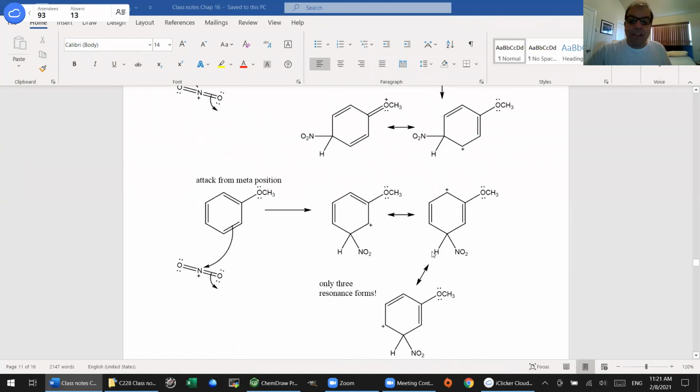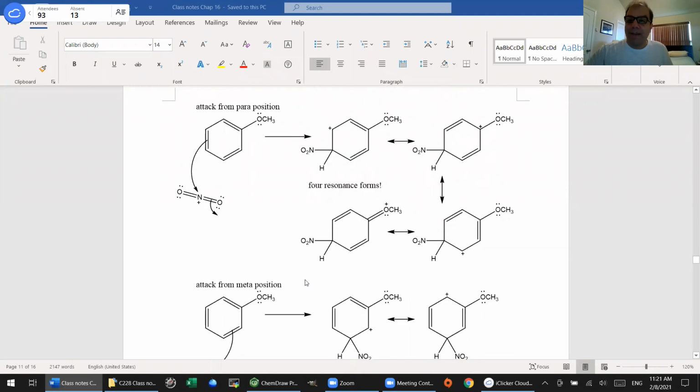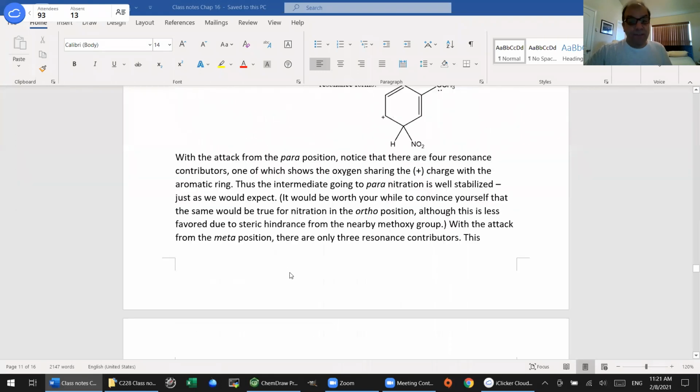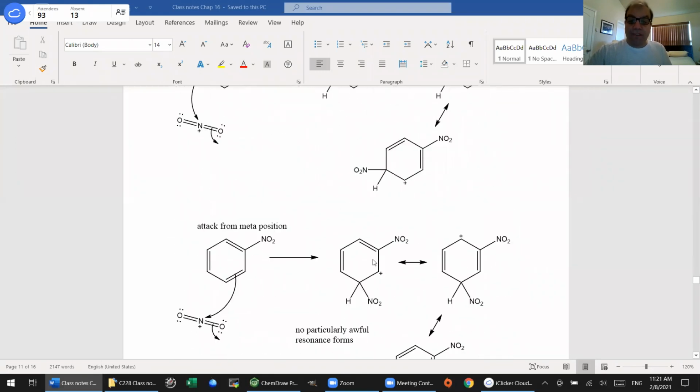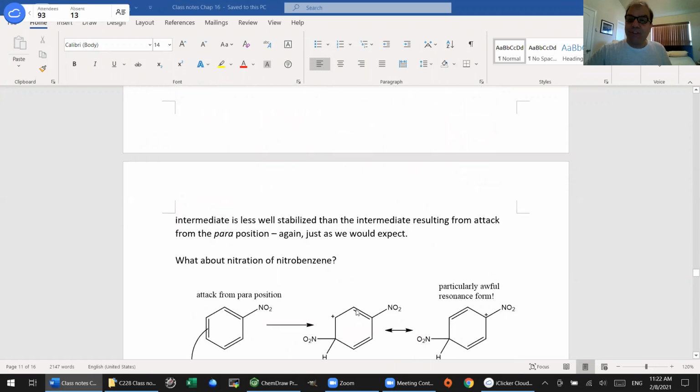Likewise, you will get some teeny amount of the meta-substituted product with an ortho-para-directing substituent. But in general, I would expect it not even to be enough to detect, probably less than 1%. And certainly if you're asked what the major product is with a meta-directing group, that's clear. You'll pick the meta-substituted product.